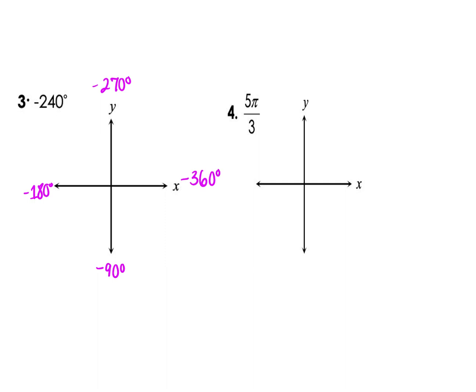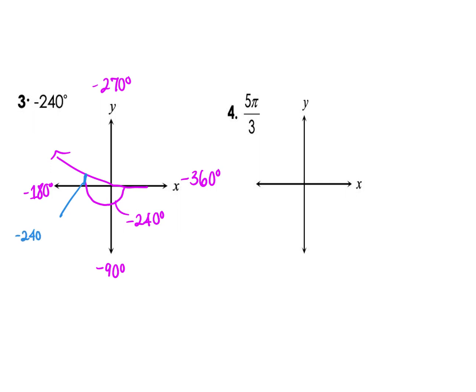So we're going to use this approach. We draw our initial side, and then we draw our angle in standard form. So this is going to be negative 240 degrees. We need to figure out what this angle is here. We know that this whole thing around is negative 240 degrees.